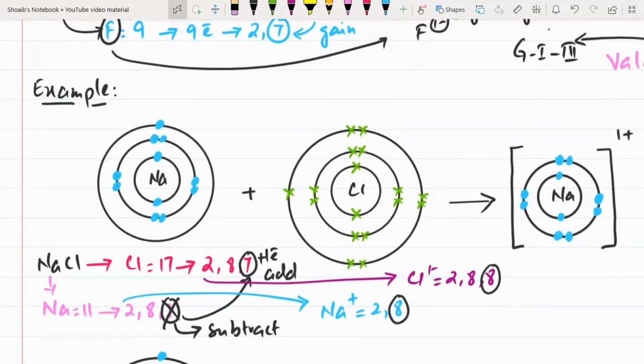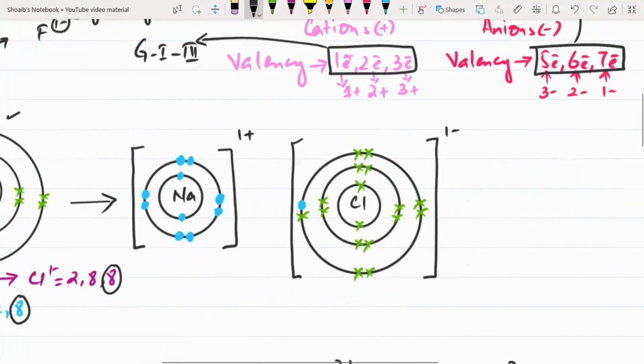Now the dot and cross diagram. For the dot and cross diagram, you show the electrons of one atom with dots and the other atom with crosses. In the last shell, one electron is lost, so this electron goes to the chlorine. By the loss of an electron, the whole sodium atom becomes positively charged, and by the gain of an electron, the whole chlorine atom becomes negatively charged because of one extra electron.